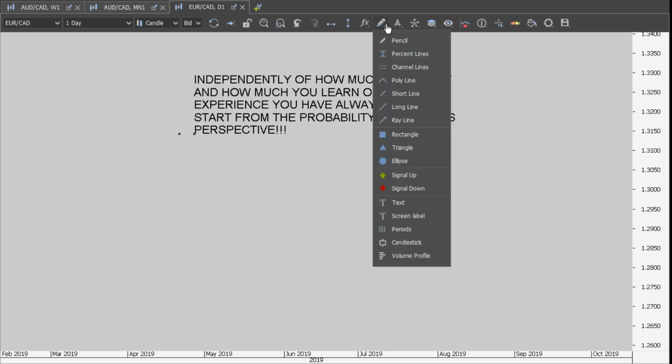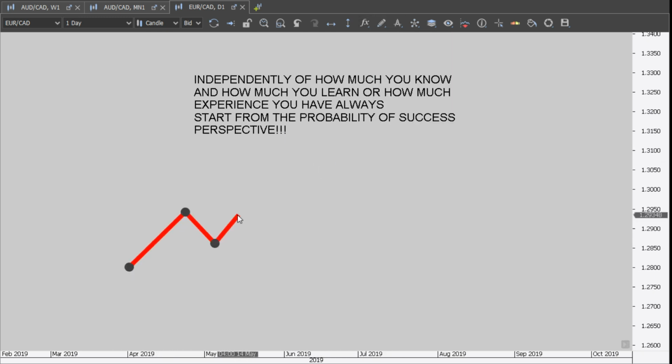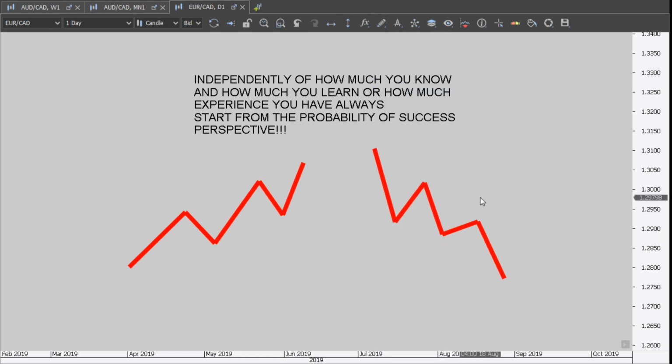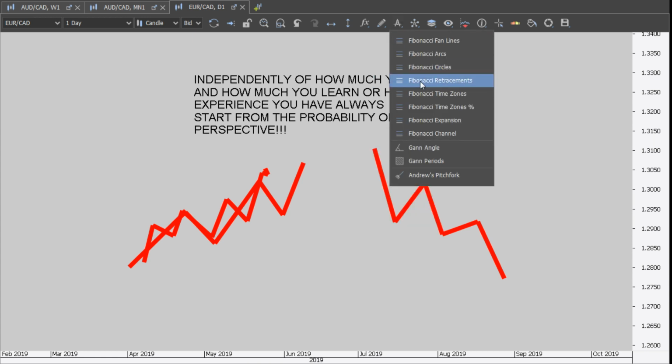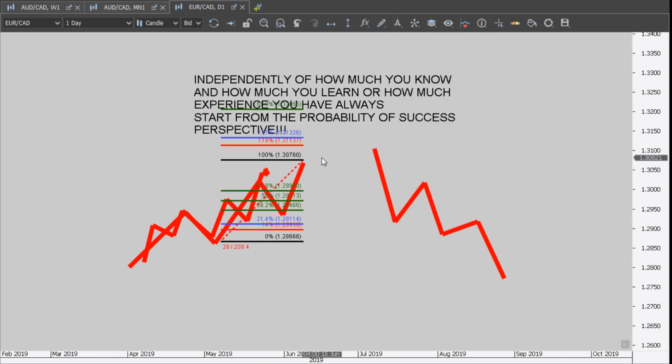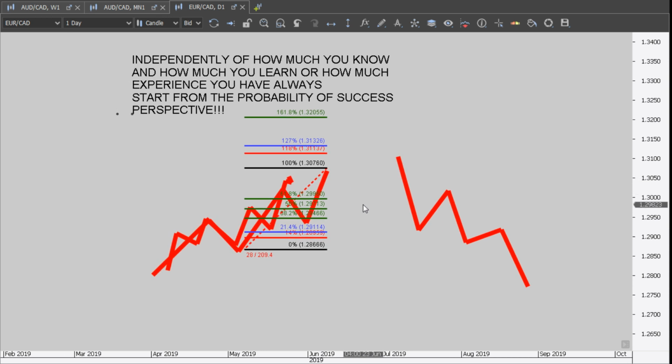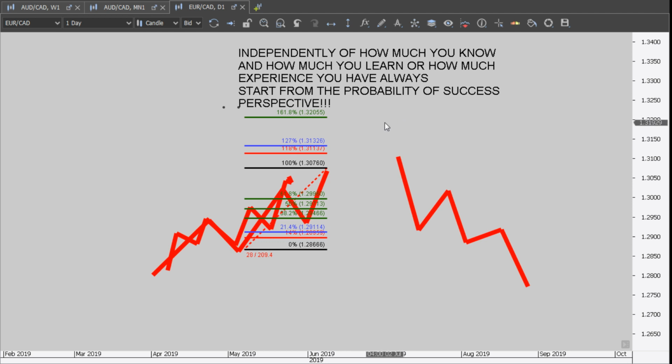Because there will come a point in time when you learn all this stuff, the multiple time frame trading, and you are going to draw the Fibonacci's, the multiple time frame Fibonacci's and the Fibonacci of the confirmation, counter trend lines, trend lines, counter trend trades and everything. Always start from the perspective of the probability of success.